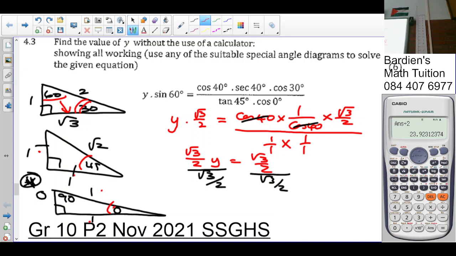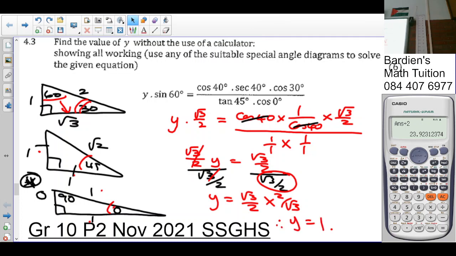That cancels. So y is equal to root 3 over 2 multiplied by its reciprocal, which is 2 over root 3. Or we could have said that root 3 over 2 divided by root 3 over 2 is 1. We have gone straight into 1. So therefore y is equal to 1.